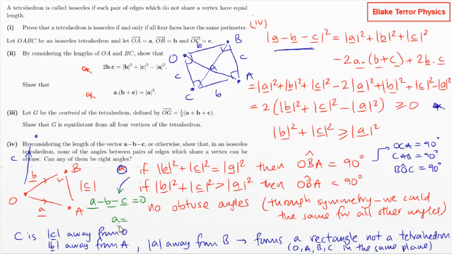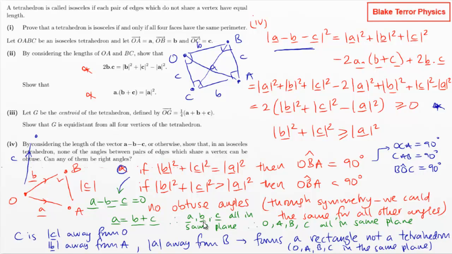So I've got that A is equal to B plus C. So that means they must all be in the same plane. So therefore A, B, C all in the same plane. Therefore O, A, B, C all in the same plane. Okay, so different ways of trying to unpick that bit at the end.